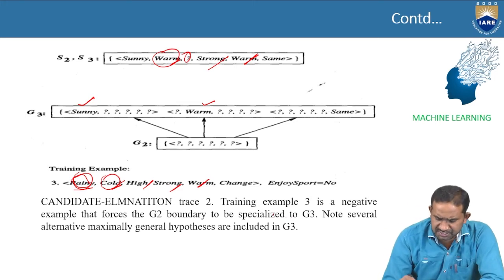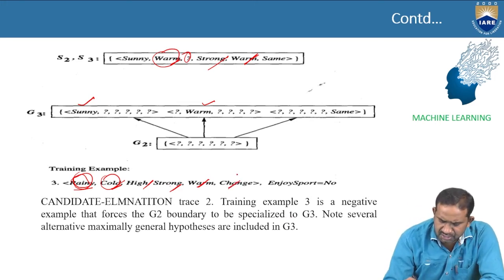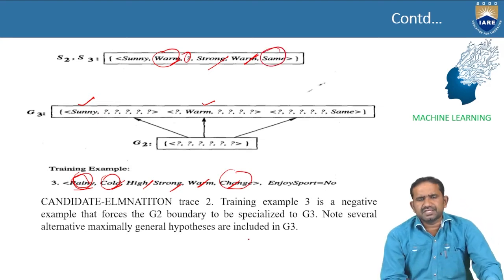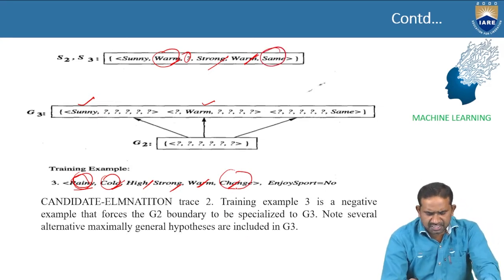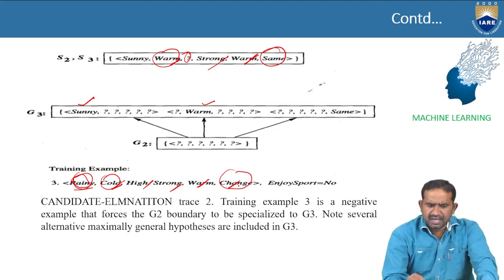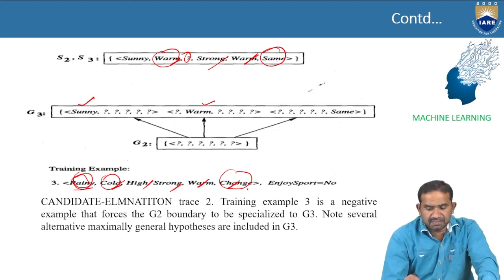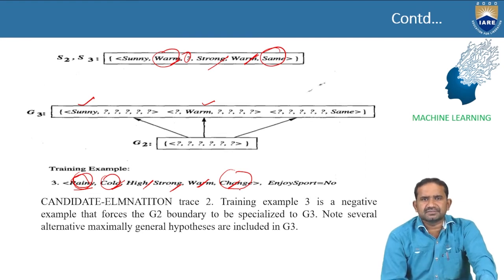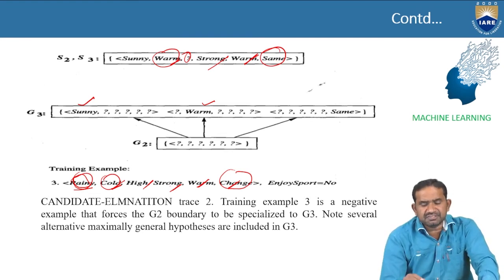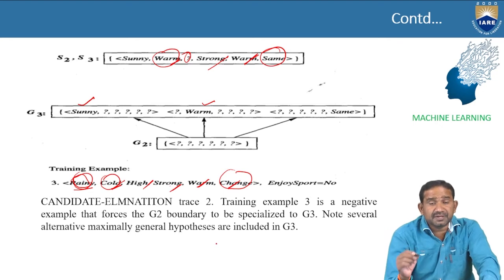But when we compare this one, here it is changed, and here it is same. The training example parameter is changed and the specific parameter value is same, so there is some differentiation. We also need the location where the differentiation is.